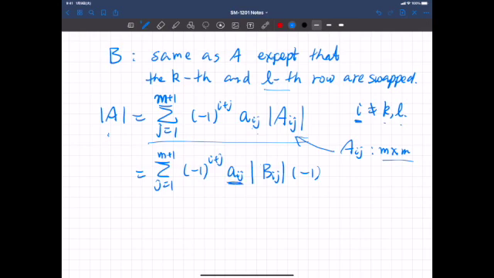But this A_ij is equal to B_ij, since these matrices A_ij and B_ij are identical except for the two rows other than the ith row. So this A_ij can be replaced with B_ij. So that is negative determinant of B. So that is done.